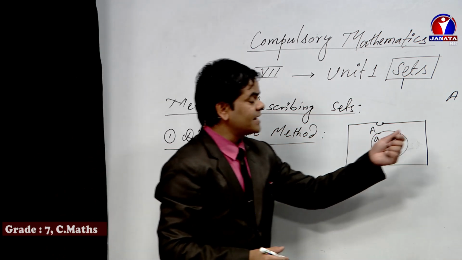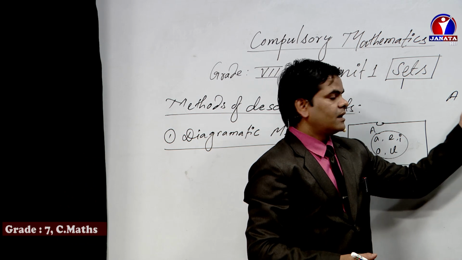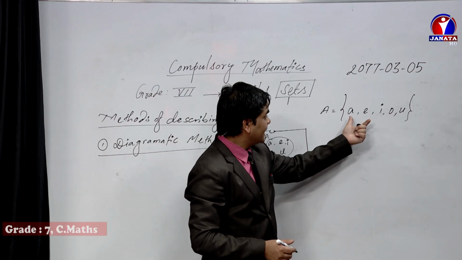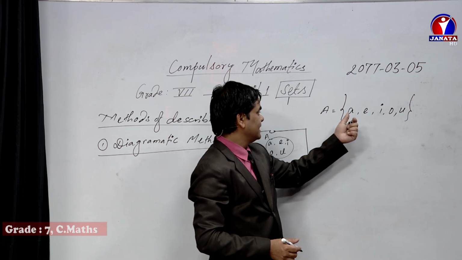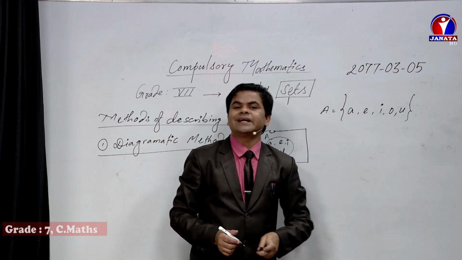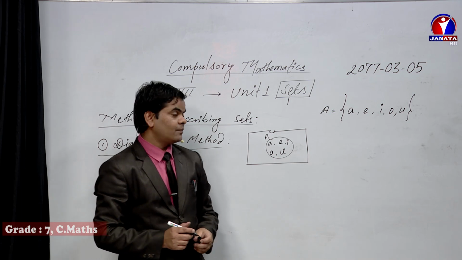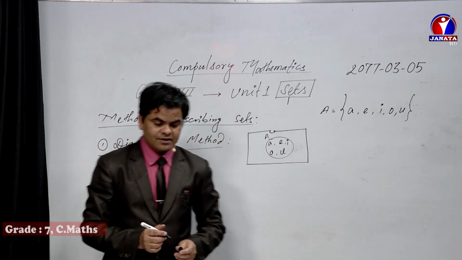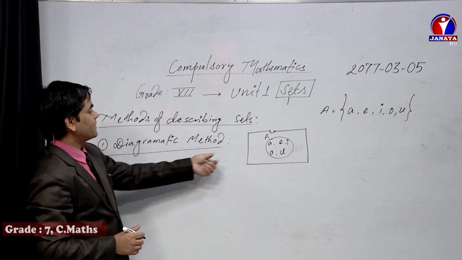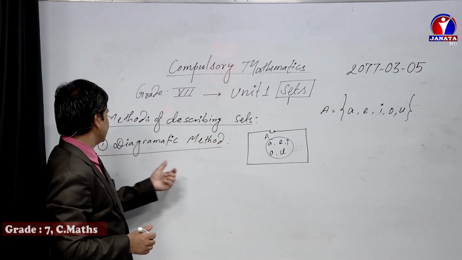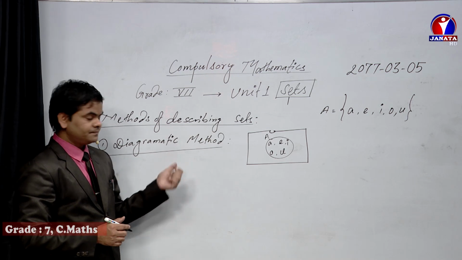And while writing in the listing method also, inside the curly bracket, when we keep those elements or the members of that set, after each element we need to keep a comma, and we need to enclose with another curly bracket at the end. So, this is the way of representing the information of set by using a diagram.